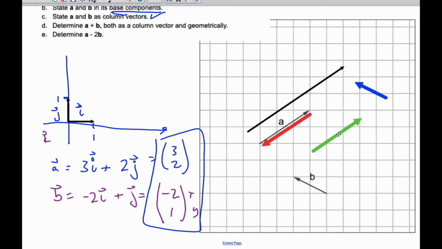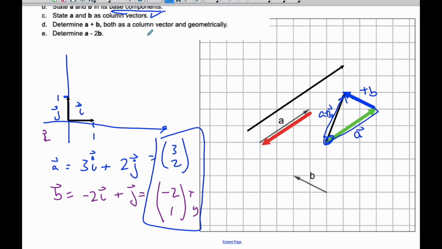If I go from A, follow the trail from A to B, and then I take this and put it head to tail, then my A plus B vector is here. I've gone A plus B, and so this vector here is A plus B going in this way. I start here, and it's like following a trail. So that's A plus B.